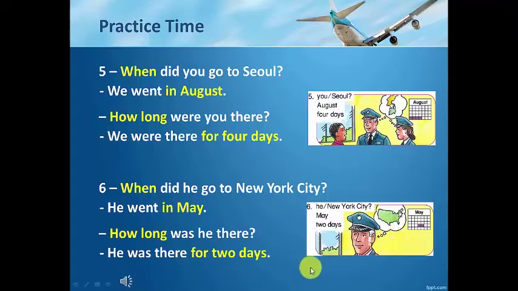Number 5. When did you go to Seoul? We went in August. How long were you there? We were there for 4 days. Number 6. When did he go to New York City? He went in May. How long was he there? He was there for 2 days.